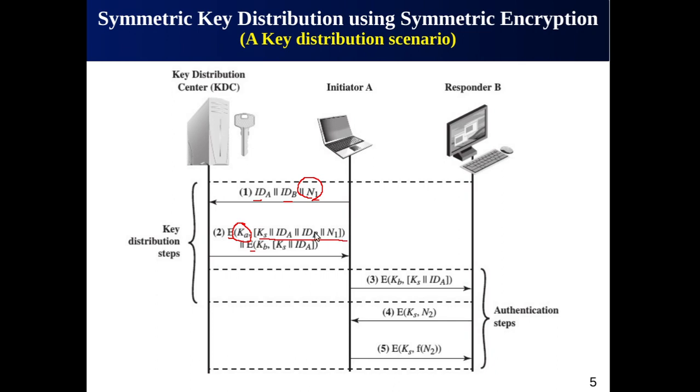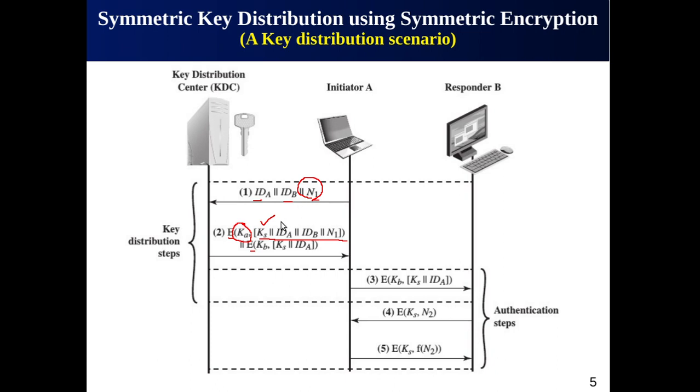Inside this message we have KS. KS stands for the session key, and this session key must be known to A and B, because it is the common secret. If they want to communicate with one another, they have to encrypt the messages with the help of this secret key. The same key will be used for encryption as well as for decryption.